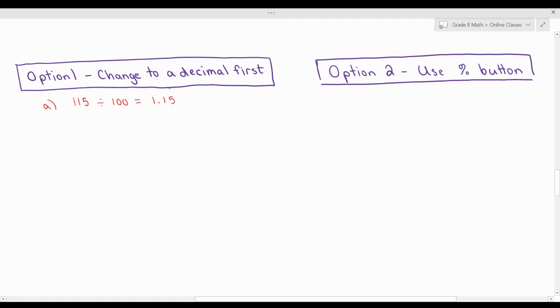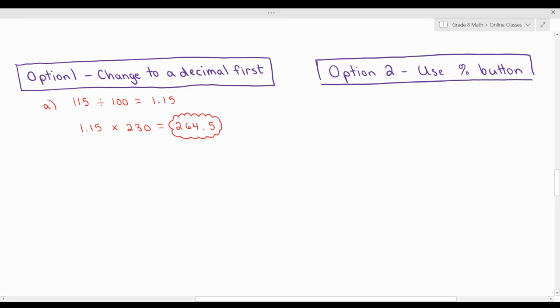And then now I take the decimal and multiply it by the number that I'm trying to find the percentage of. So this question, it was 115% of 230. So I would take the 1.15 and times it by 230. Okay, so this would be 264.5. And it did want one decimal place. So that would be my final answer for A.